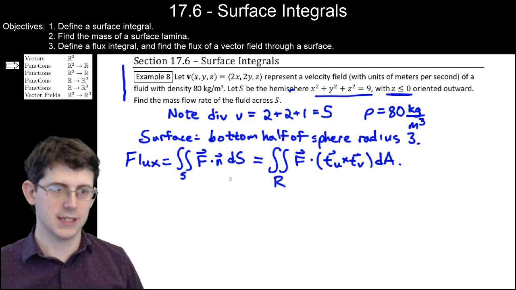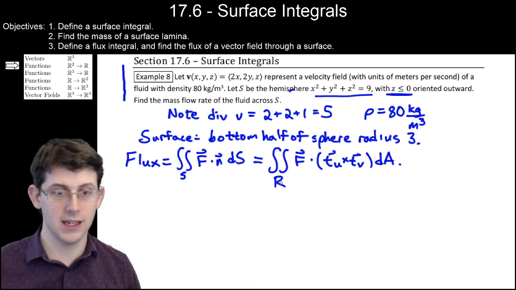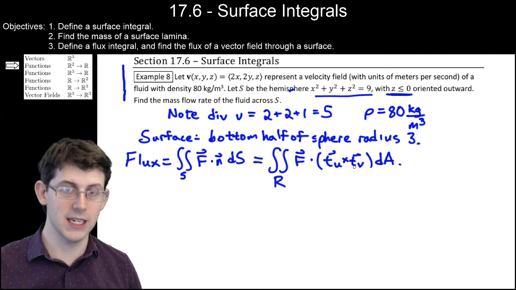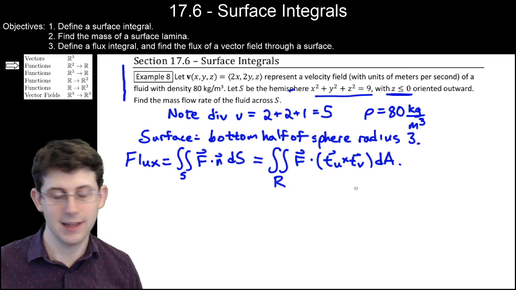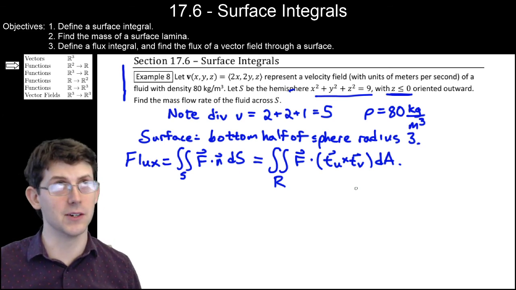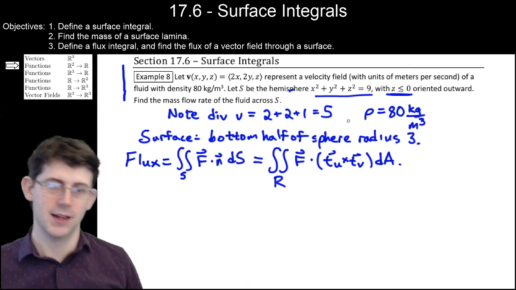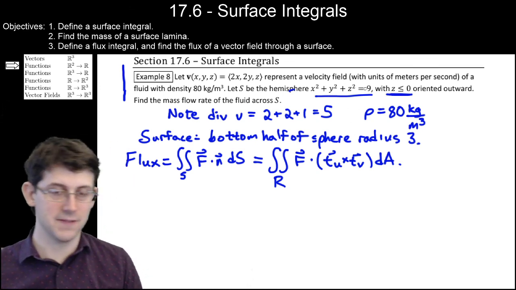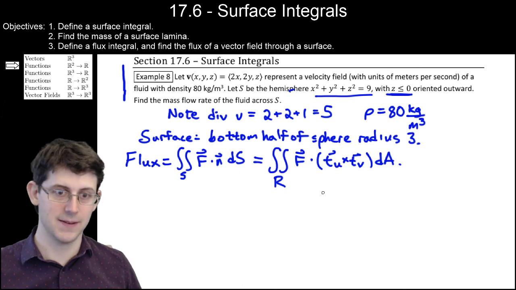So you set up your flux integral and you say, well, there's two ways to go with flux integrals. You can either do the one that has the tu and the tv, or you can do the one where you've solved for z. And they're both fine, and they both, I think, lead to the same integral. But it's a matter of which one seems easier at the time. I would recommend that if you're going to solve for z and it needs square roots, that you not do that, and that you use this instead.